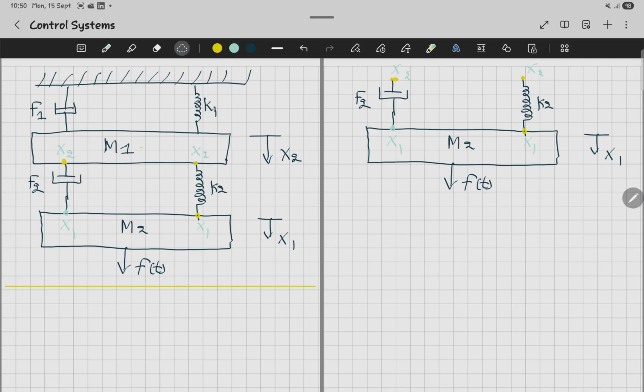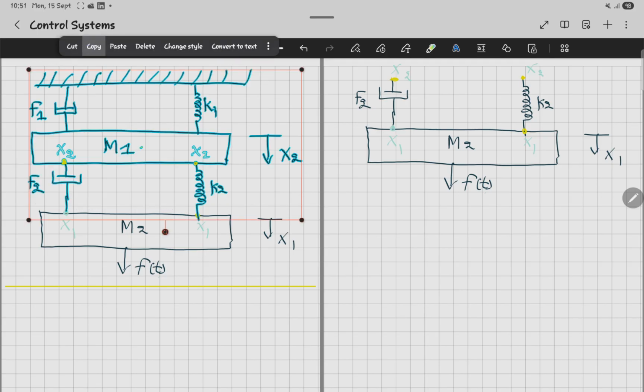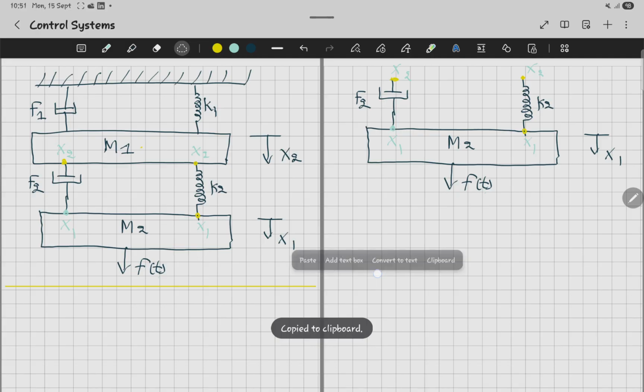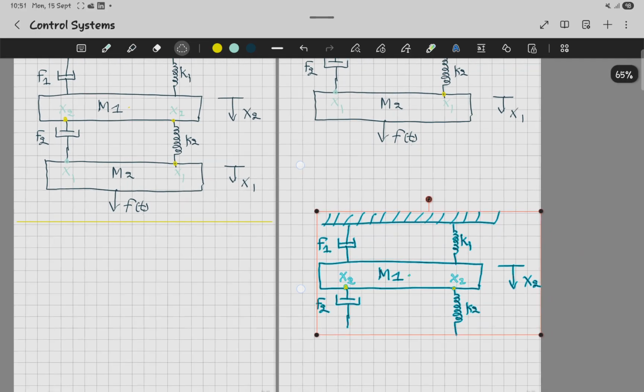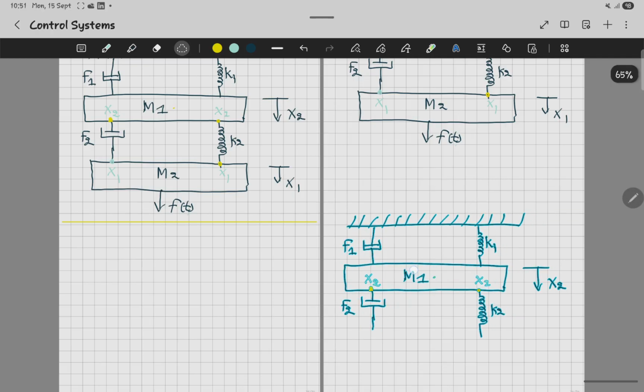Let's go now for m1. You take everything connected to the mass 1. So this is what you're going to get.